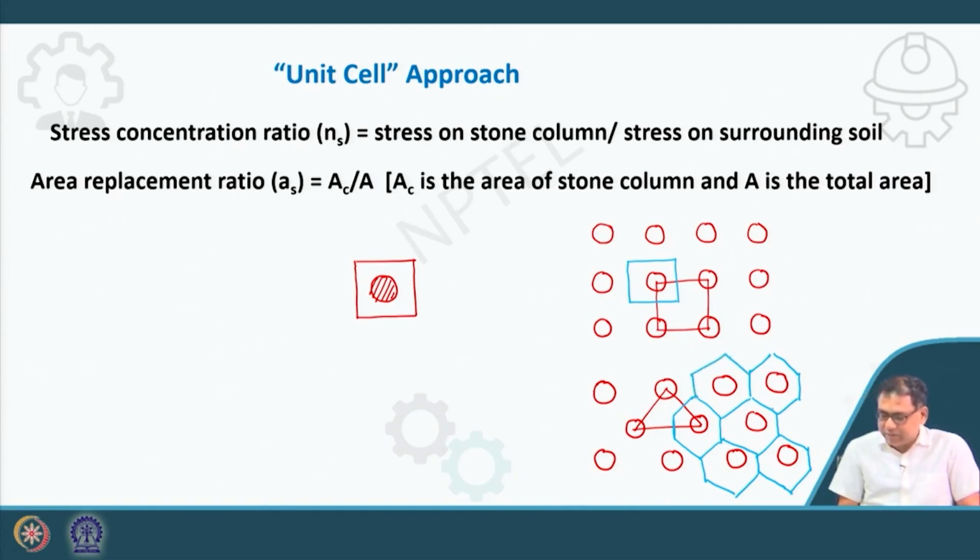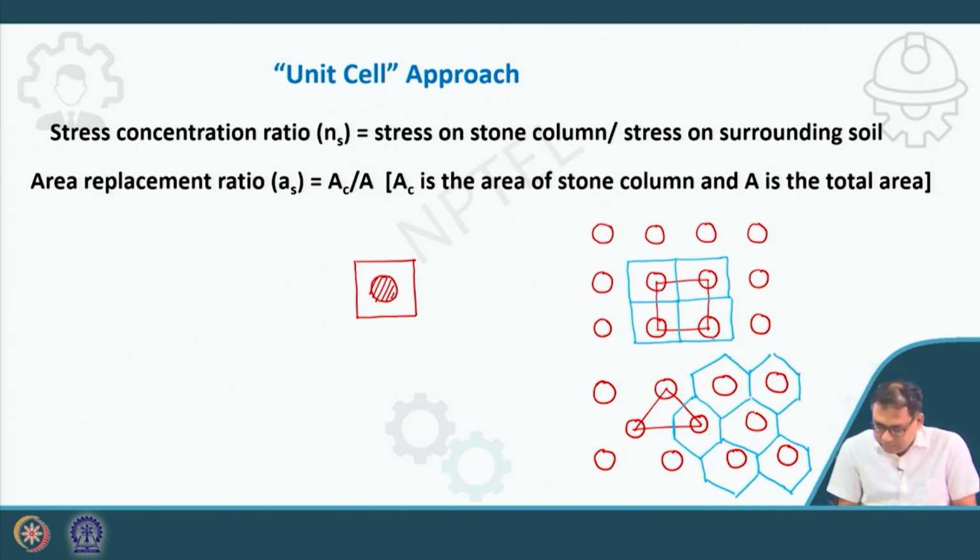Every column has its own influence zone. For the square grid, it is the influence zone for every column, and these are the same. Maybe in the drawing it is not looking the same, but they are the same column, the same influence zone.